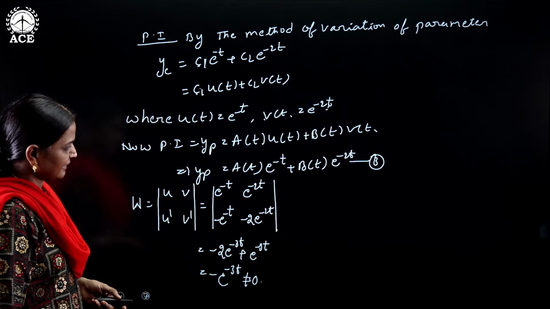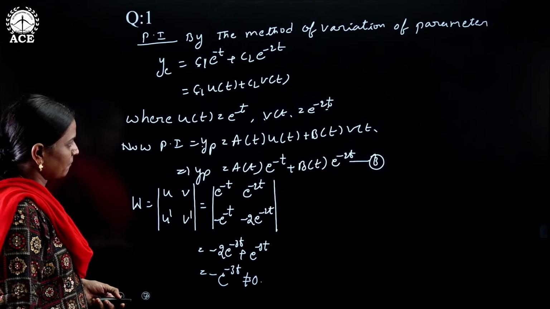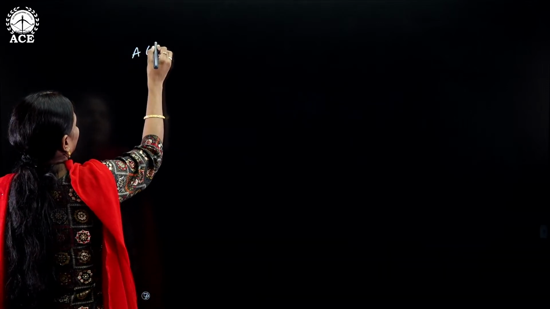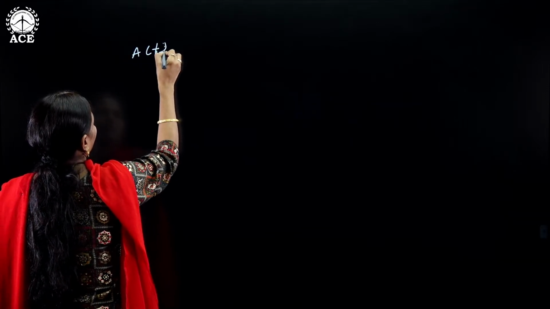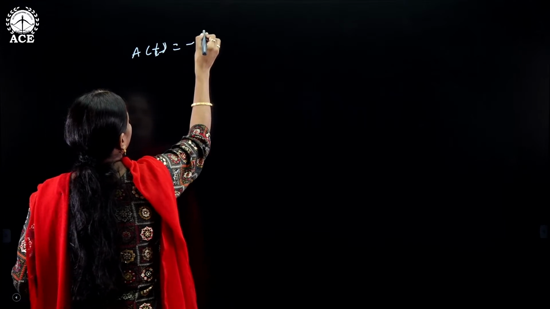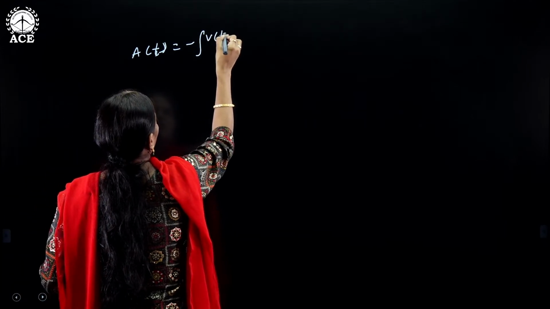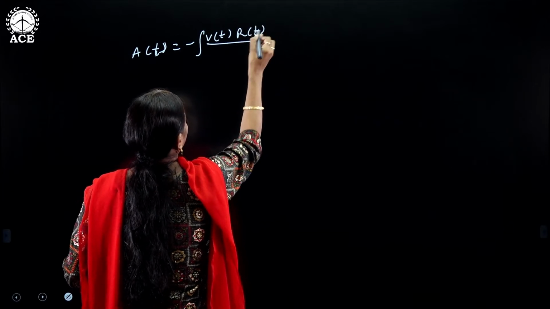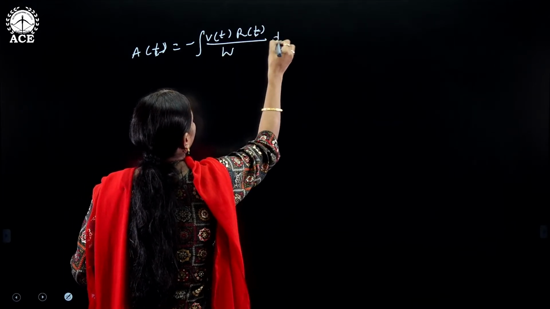So this is the Wronskian, but we have to find the a of t and b of t values. Now what is a of t? The formula is a of t is equal to minus integral v of t into r of t by w into dt.